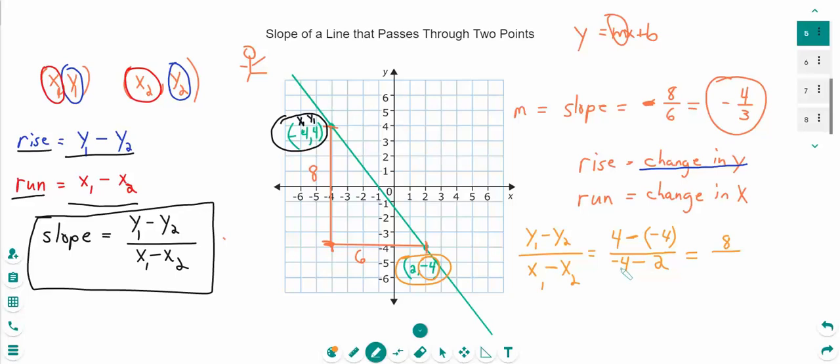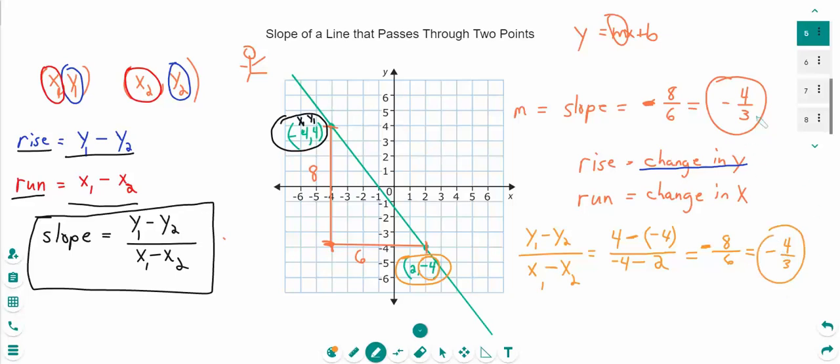And then negative 4 minus 2 is going to be a negative 6, right? Negative 6.